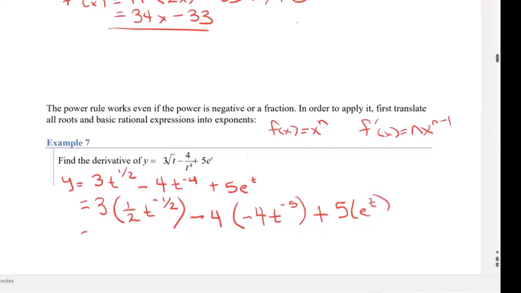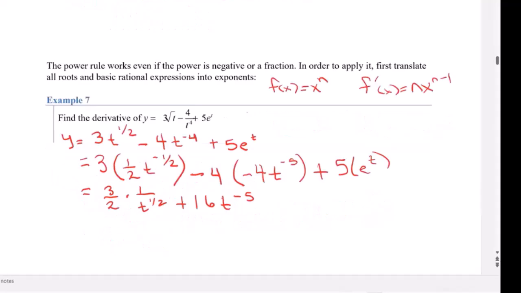So let's make this all go back into some form that we understand better. This equals 3/2 times 1 over t to the 1/2, plus 16 t to the minus 5. So minus 4 times minus 4 is plus 16.